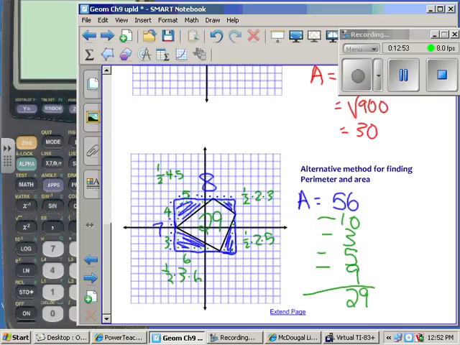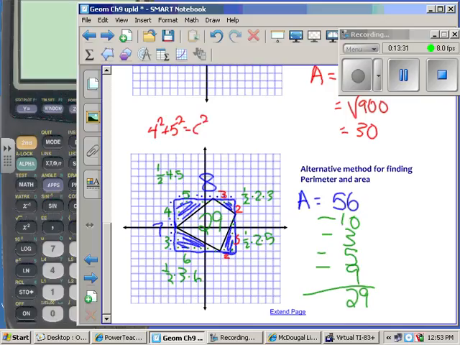Okay? Now, I could do the distance formula to find the perimeter, but since I already have right triangles, what other thing is available to me? The Pythagorean theorem, right? And do I have any triples? This is 3 and 2. This is 5 and 2. Do I have any Pythagorean triples before I start? 1, 3, no, I don't think I do. No. All right, but I can still do the Pythagorean theorem. So 4 squared plus 5 squared equals c squared.